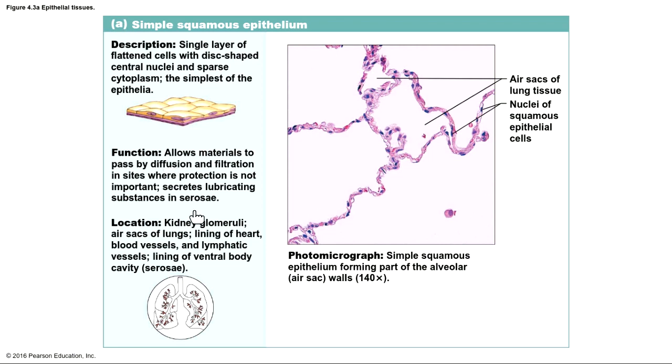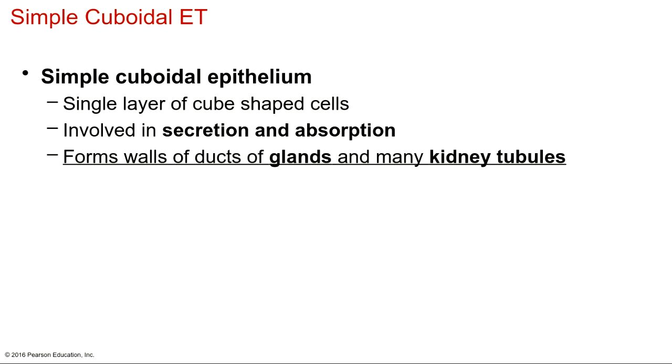All right, and I like these tables here. These are not from your book, but I did add these because I really like them because they give you a description of the structure and a picture of it, and then tell you the function, and they tell you location. Okay. Simple squamous, you've seen it before. Simple cuboidal, it's simple, so it's going to secrete, absorb.